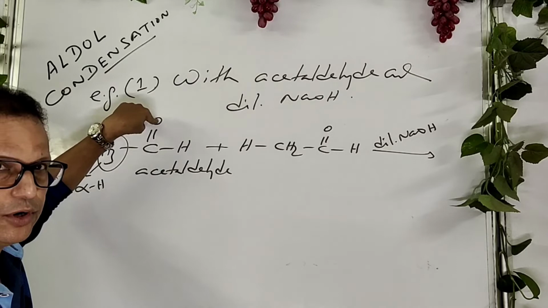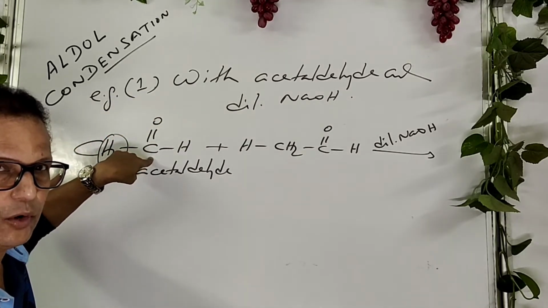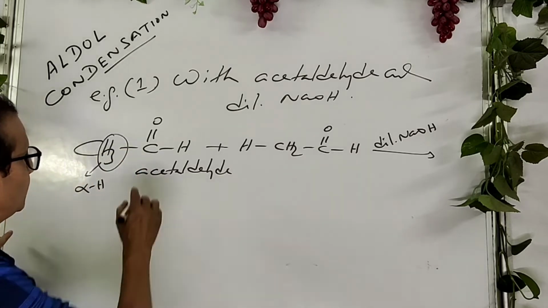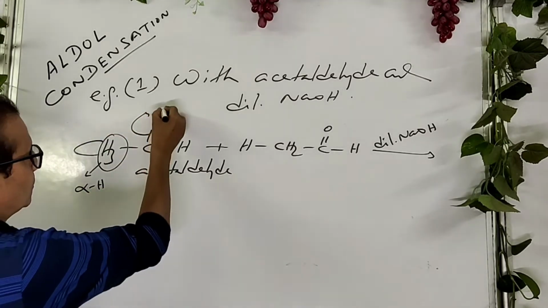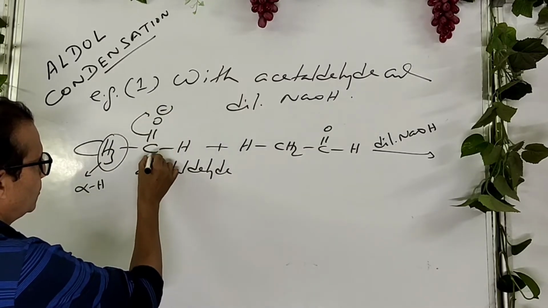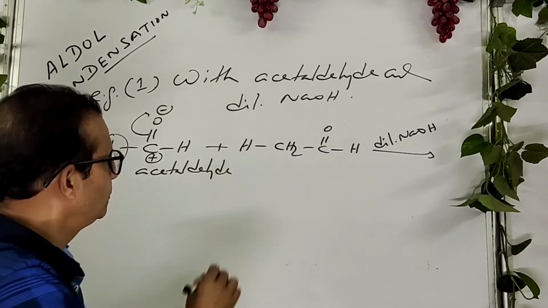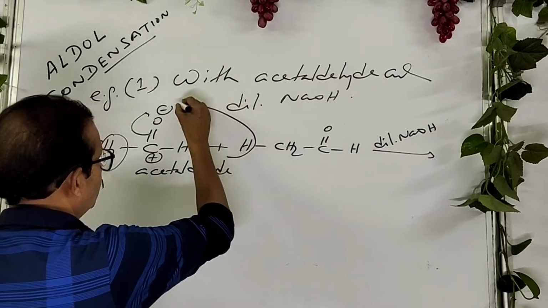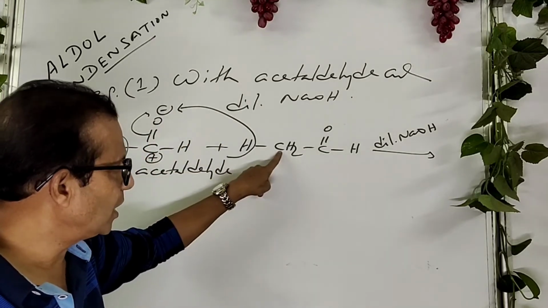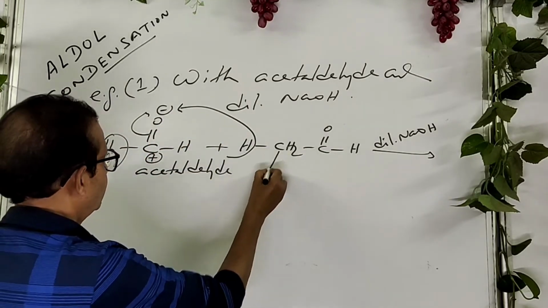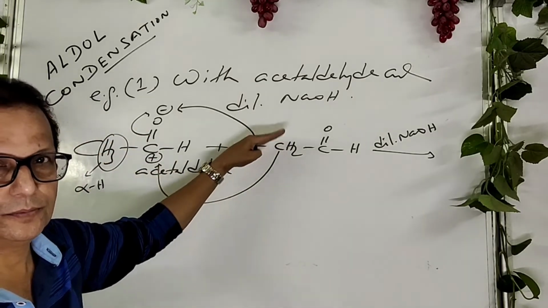As oxygen is more electronegative than carbon, oxygen attracts one bonding electron from carbon. The hydrogen atom gets attached to the oxygen and the carbon will attach to this carbon atom.